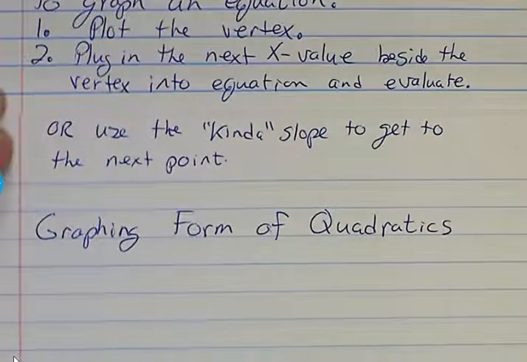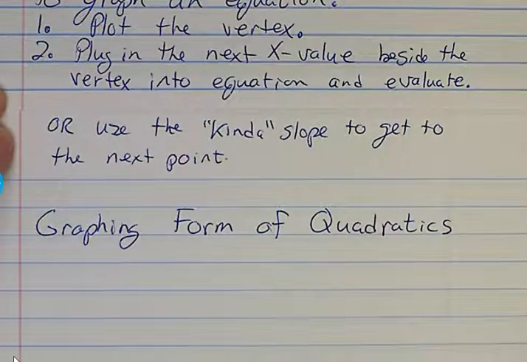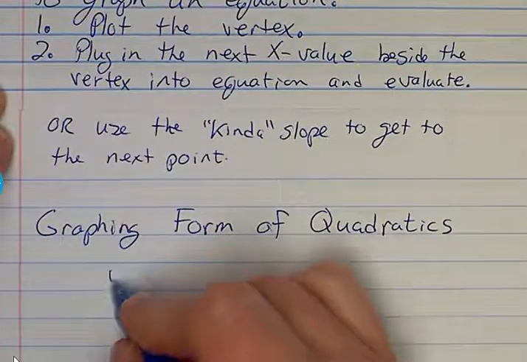Okay, first thing with this one is, when we were graphing linear equations, we had all those different forms. We had point slope and slope intercept and standard form and all those things. This one, there's a couple of forms we've got here. And this is one they call the graphing form.